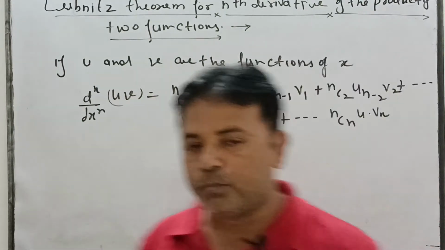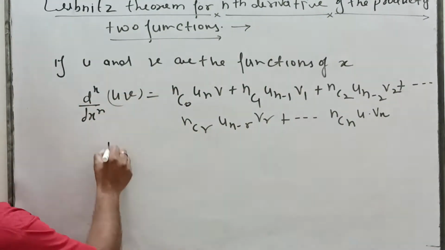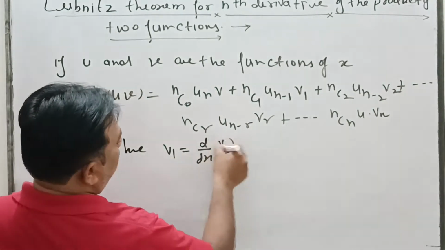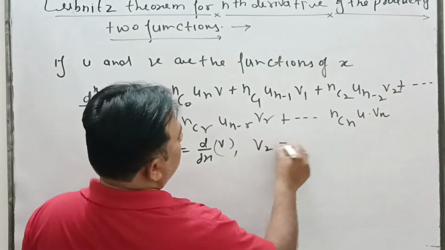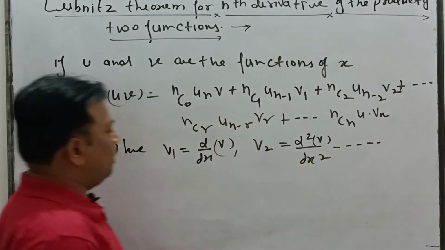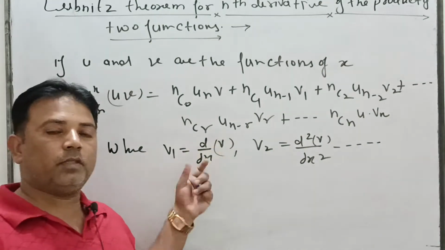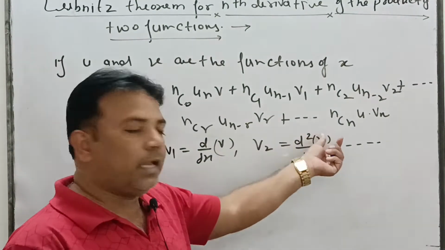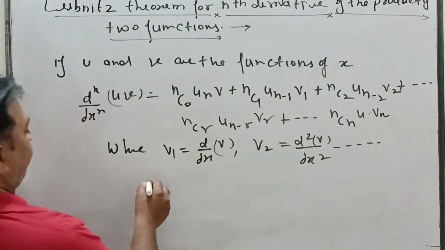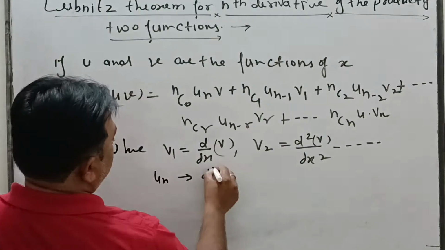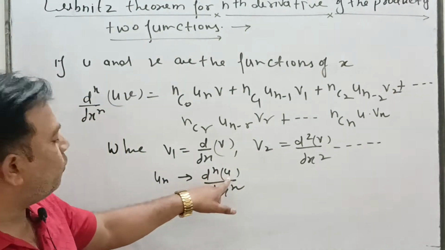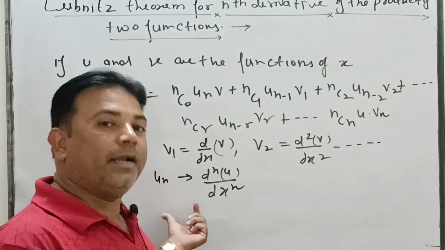We write here all the components: v1 equals dv/dx and v2 equals d2v/dx2 and so on. v1 is the first derivative of v with respect to x, v2 is the second derivative with respect to x, and so on. And u_n equals d to the power n of u over dx to the power n, the differentiation of u with respect to x, n times.